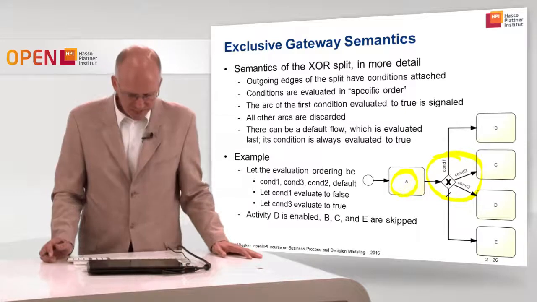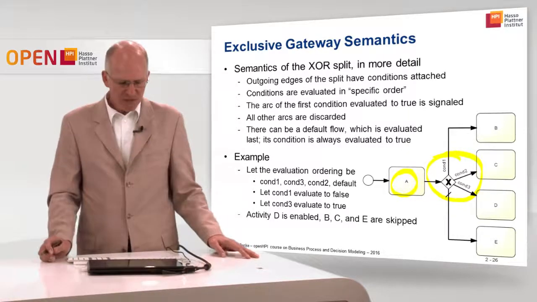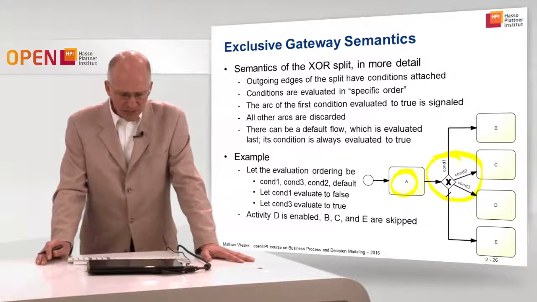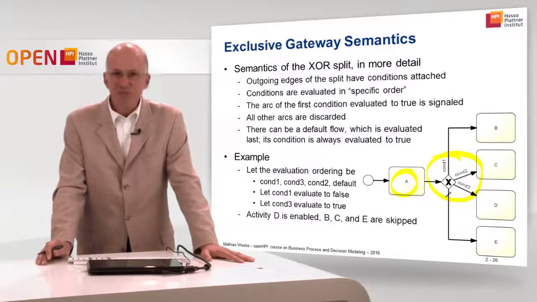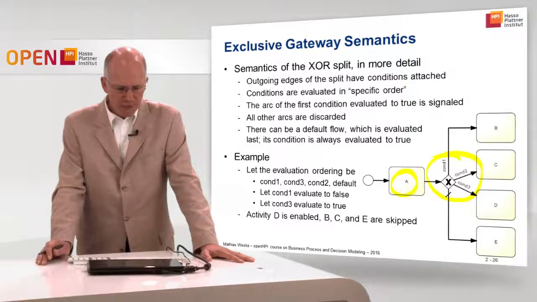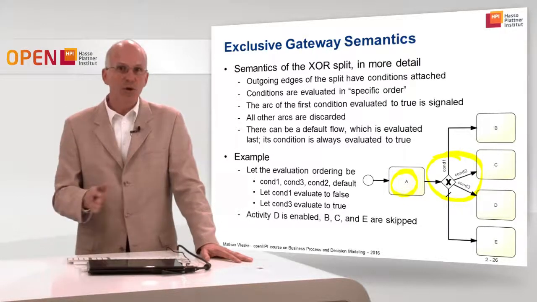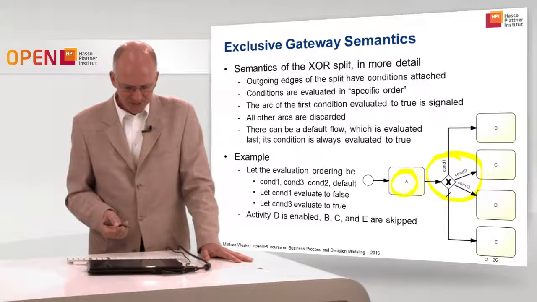Let's look at the example and let the evaluation ordering be condition 1, condition 3, condition 2, default. That's possible since default is the last in this ordering, and in general, we cannot deduce from the model the order in which the conditions will be evaluated.